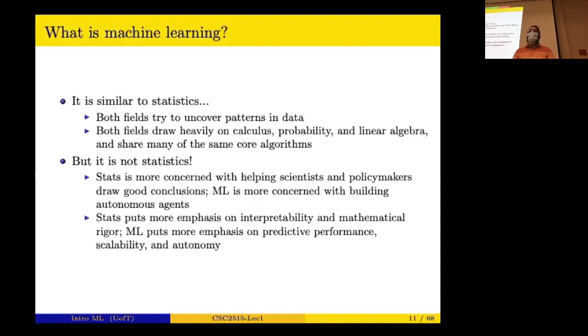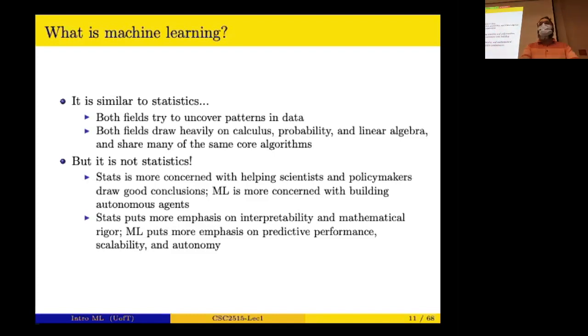So it's not always true, but for example, I'm saying that statistics is mostly concerned with helping scientists and policymakers make sense of data, making good conclusions. But machine learning is more concerned with making autonomous agents that can do things or make decisions and be accurate predictors.